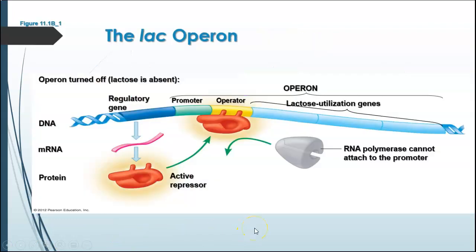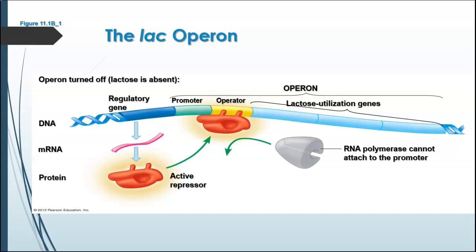I'm going to also assign an Amoeba Sisters video that does a nice job of showing how this works. So here's the first one we usually talk about, which I think was the first one discovered, the lac operon. The lac operon is the operon that enables the bacteria to break down lactose sugar. Lactose is a disaccharide sugar that is found in milk and other kinds of milk products. And the bacteria need to have monosaccharides to use for cellular respiration.